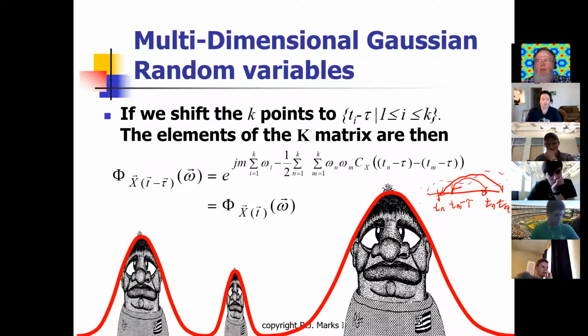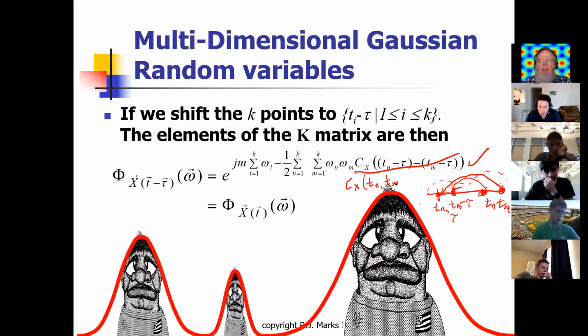If we shift this point from here to here and this point from here to here, we're going to get exactly the same result. This, by the wide sense stationary assumption, is the same thing as C sub x of T sub n, T sub m.